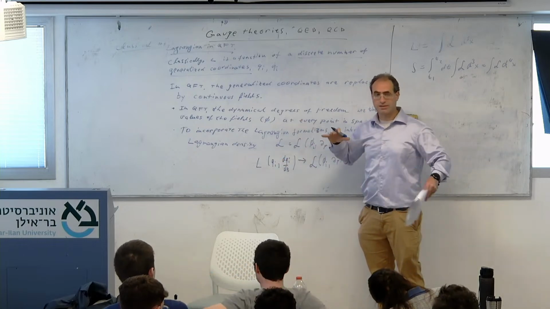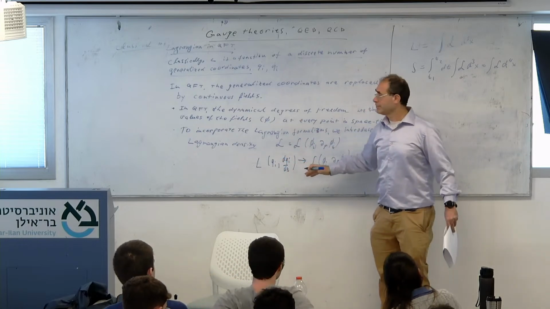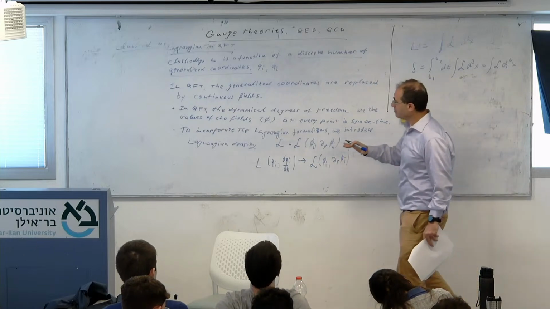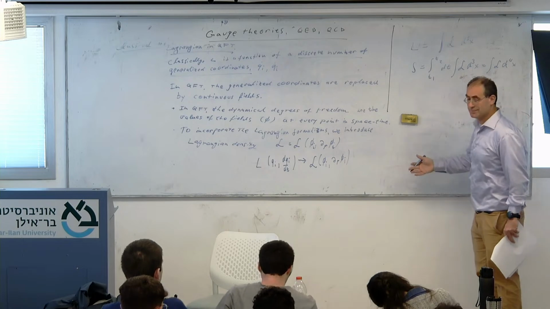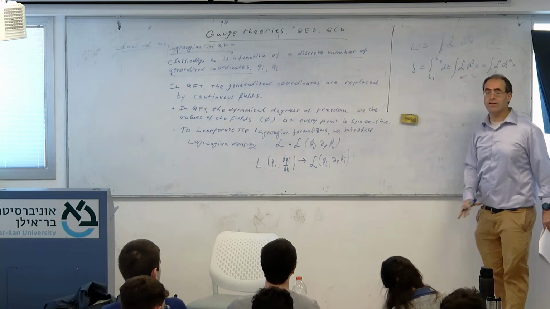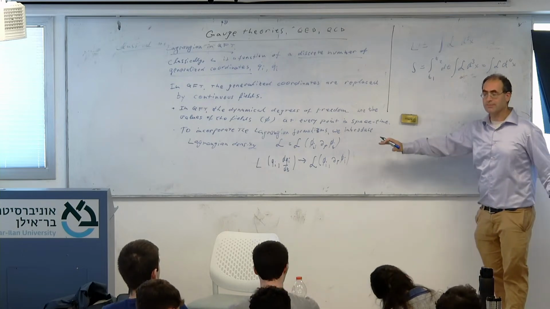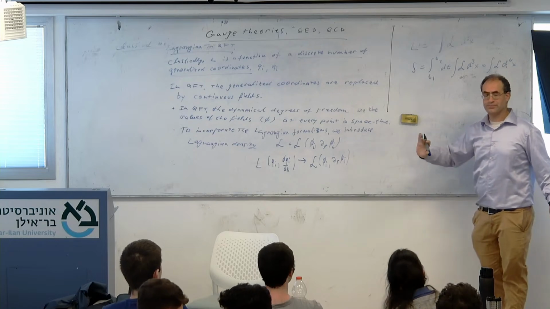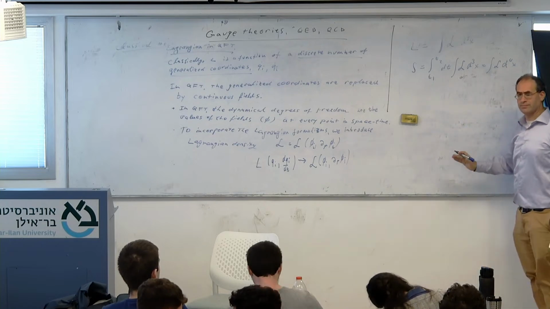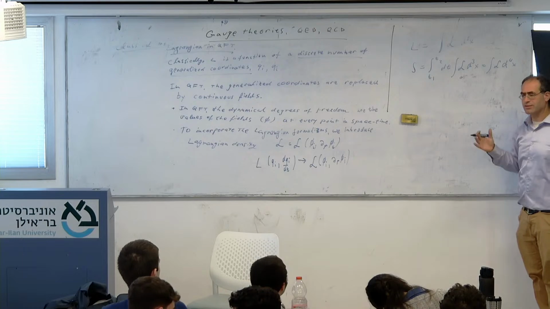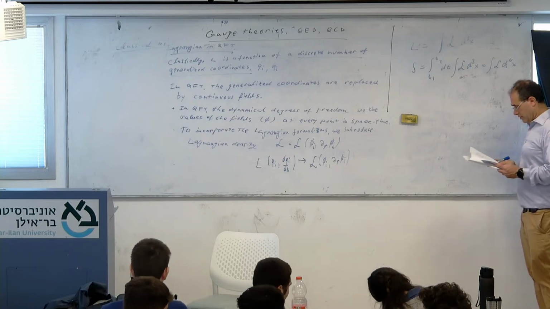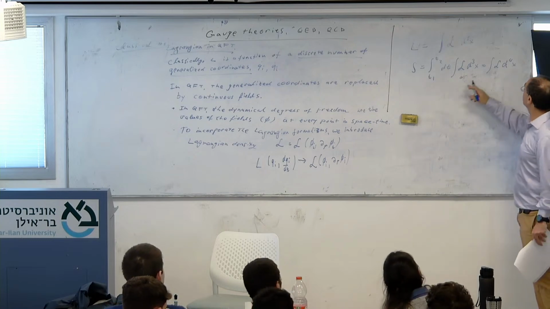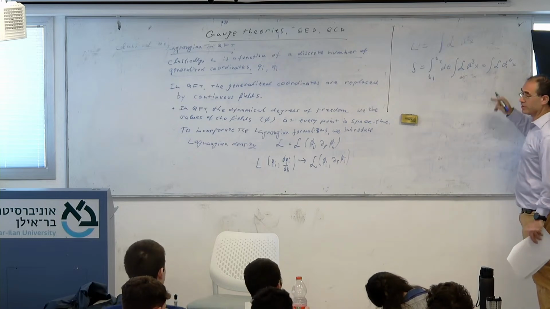They evolve in space and time. So if you want the total Lagrangian, we need to take the Lagrangian density and integrate it over the entire space. Everything makes sense, it just takes a little time to adjust. So the action is the integral over the 4-volume of the Lagrangian density.